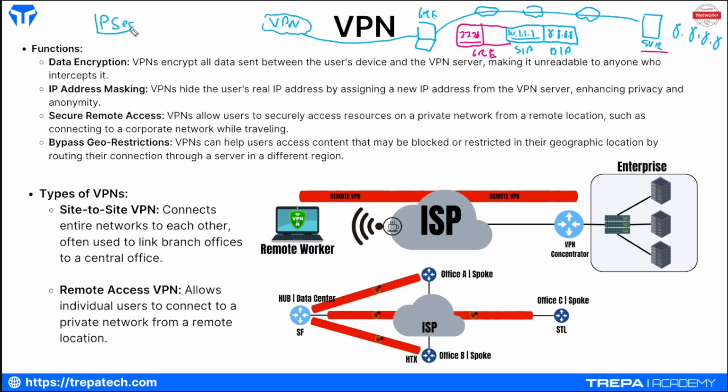So with IPsec, we started to add an authentication header and an ESP header, right? Encapsulating Security Payload, authentication header, that gave us things like confidentiality, which is encryption, right?